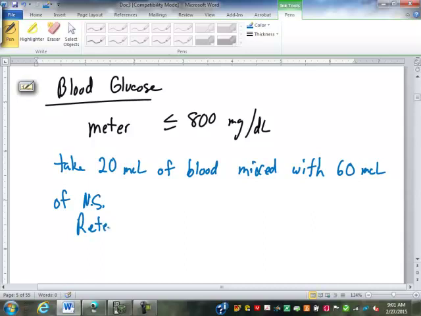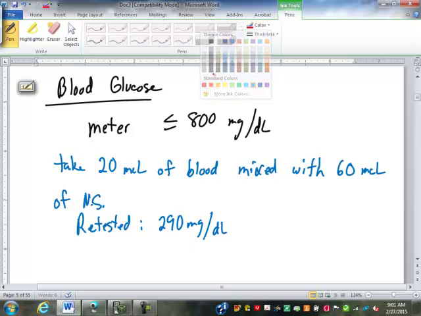It is retested now, and the level we get is 290 milligrams per deciliter. So we want to know what is the actual value of this reading, now that we got the diluted reading of 290 milligrams per deciliter.